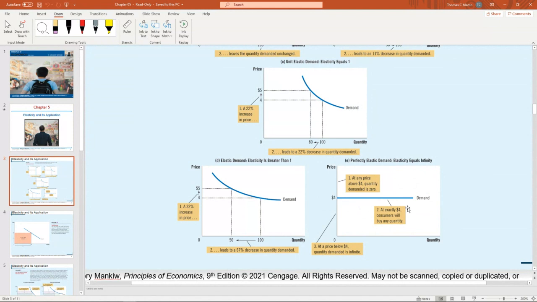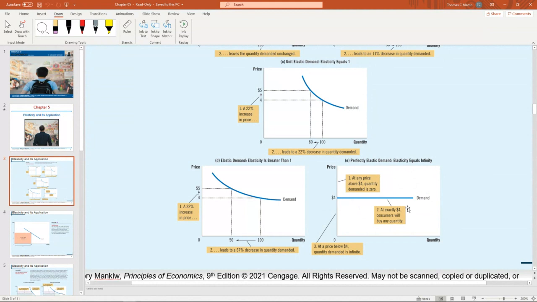If the price is greater than 4, we consume 0. Because if the market is selling it at 4 and somebody wants to sell it at $4.25, we'll just look across the street or go down the road and get it at 4.